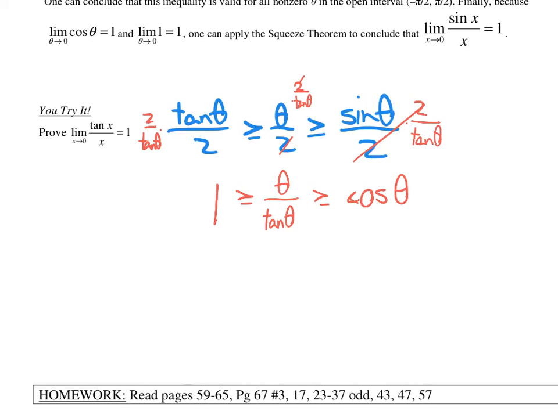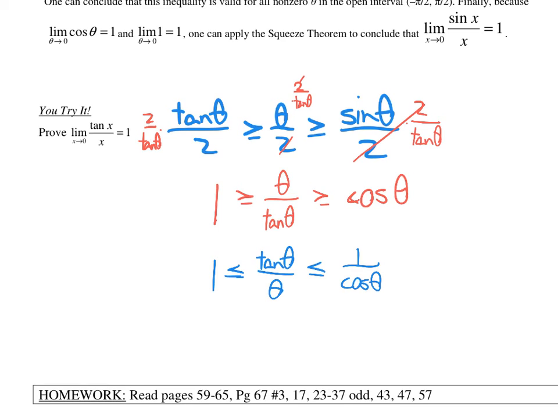Now what do you think we should do? Yeah. This actually is the same as the previous proof. If I take the reciprocal of everything, I have 1, tangent of theta over theta, and then 1 over cosine, and I would reverse the inequalities.